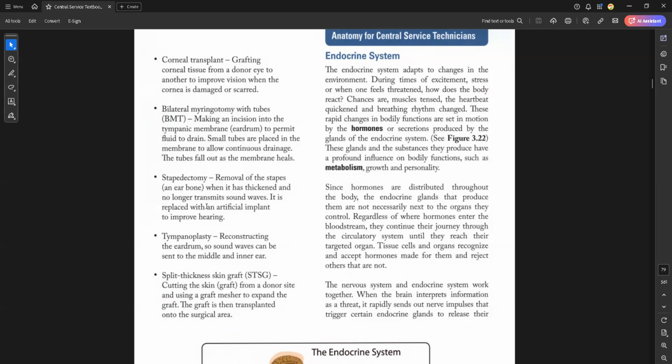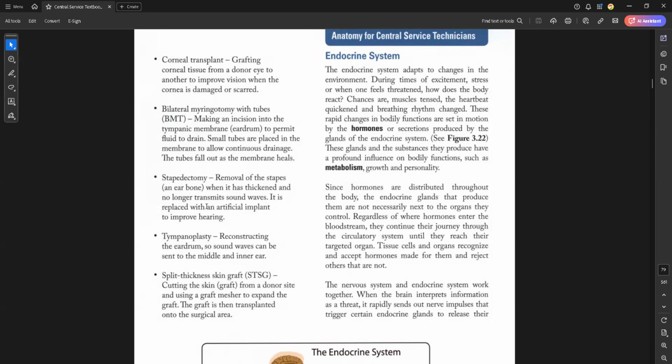The endocrine system adapts to changes in the environment. During times of excitement, stress, or when one feels threatened, how does the body react? Chances are muscles tense. Let's assume there is a gunshot around you. Right now, look at how your heart will be beating. You run, your heart will be beating. Hormones will be secreted to calm you down.